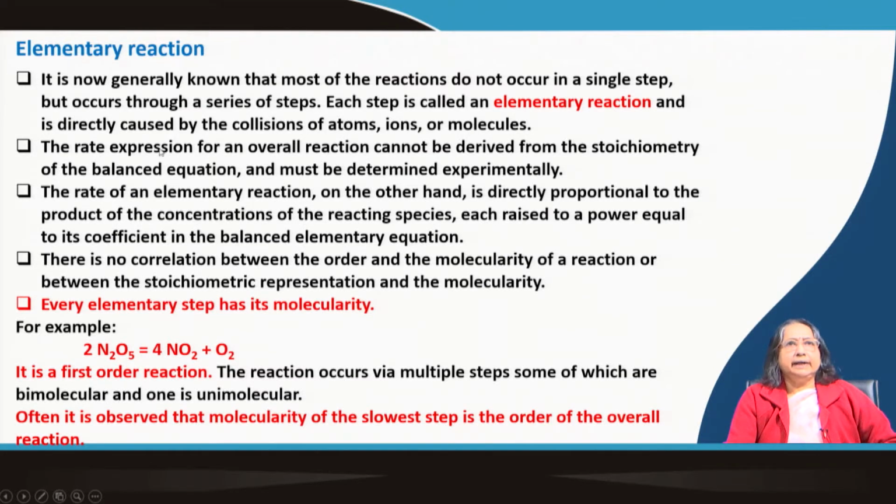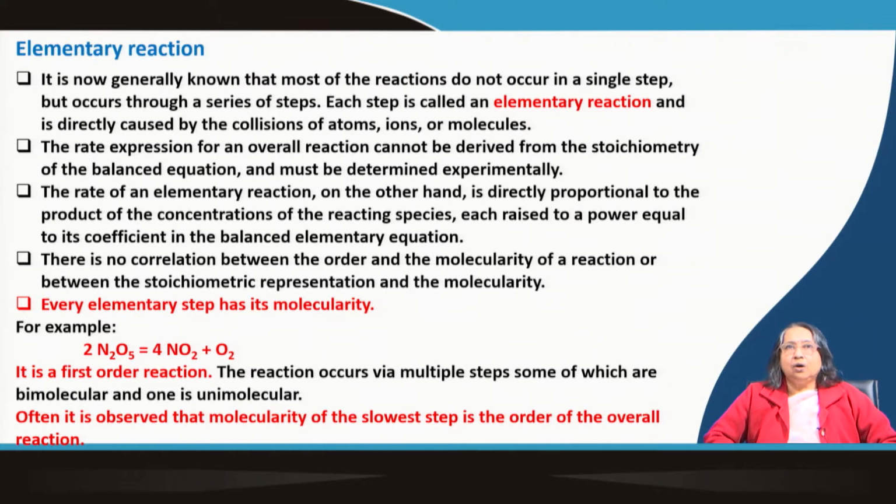Now, the rate expression of an overall reaction cannot be derived from the stoichiometry of the balanced equation. We cannot find out the order or write the rate expression just from the stoichiometry; unless we know the order, we cannot write the rate expression.